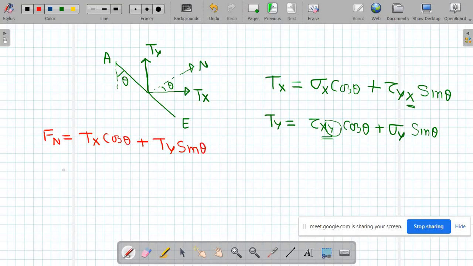So let us calculate this. Tx we will take from equation number 1, Ty from equation number 2. So Tx is nothing but sigma xx. Sometime I am using xx, sometime I am using only x, both are same. So I am just replacing Tx from equation number 1.